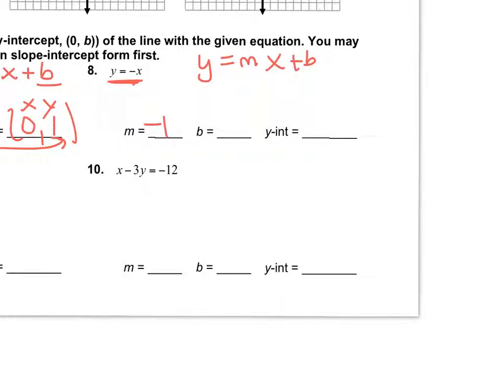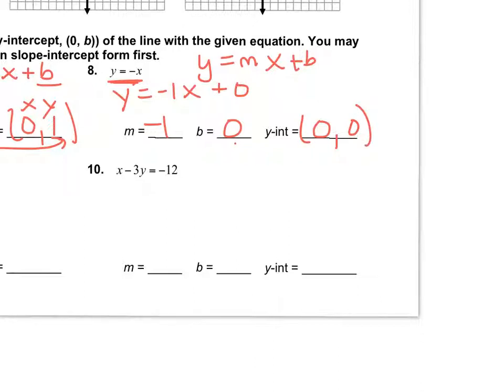Negative 1. This means y equals negative 1x plus what? 0. Whenever there's no number there, that means the b is 0. So what is the y-intercept then? 0, 0, which is also the origin.